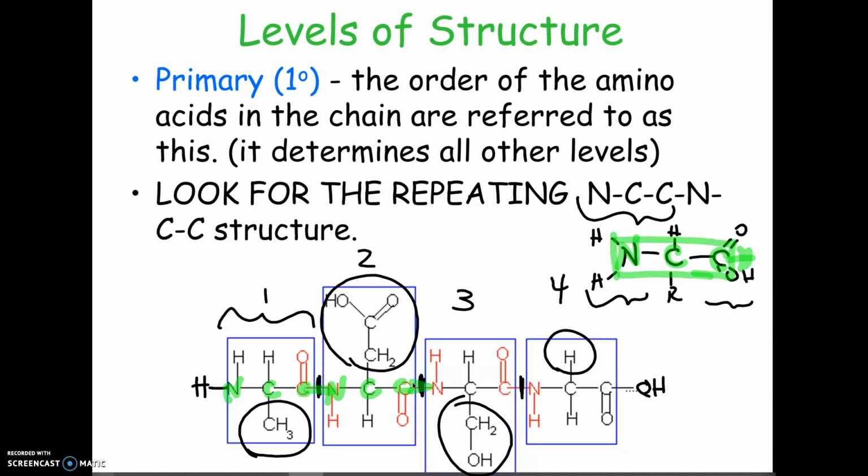So this is the primary order, and this is determined by your DNA. Your DNA, remember, is a code that tells your body you're going to make insulin. Insulin is going to have these specific amino acids in this specific order. Remember, there's a total of 20 different amino acids that are possible, but proteins are typically 500 or more amino acids long.